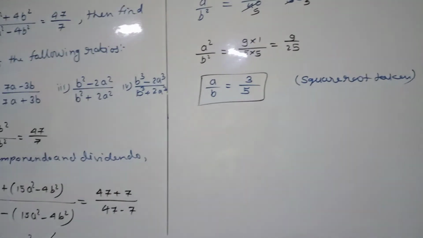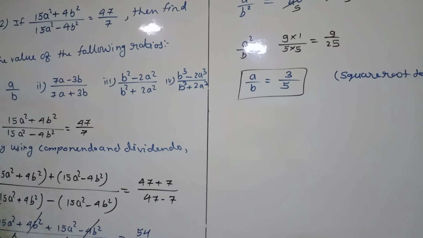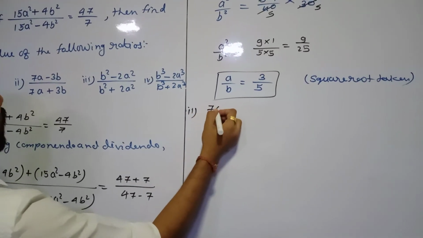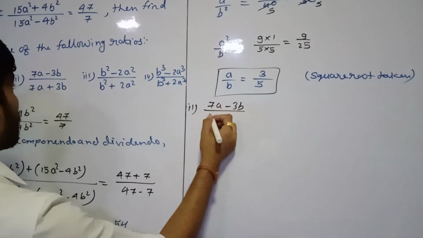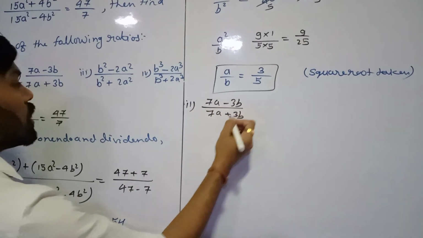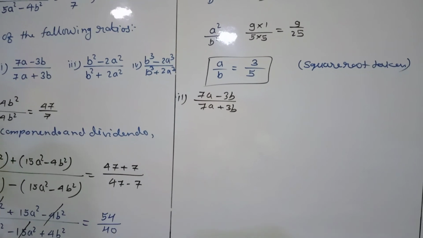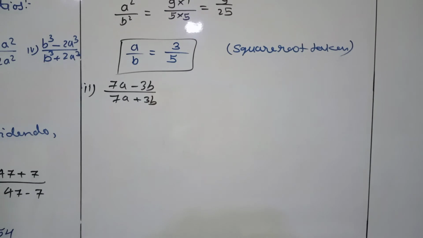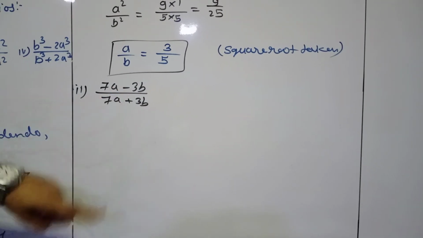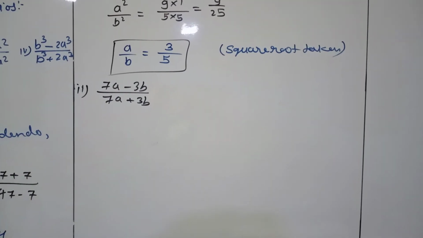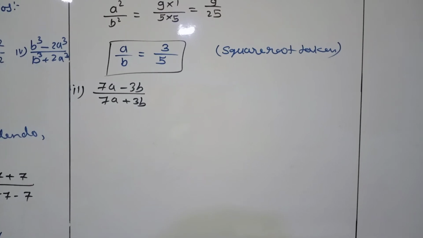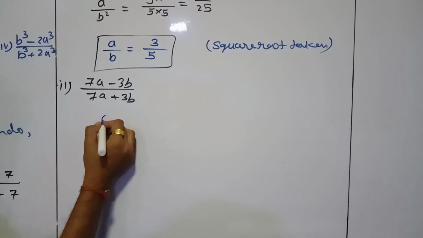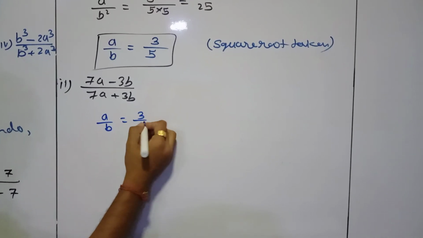Now we can easily find sum number 2. So let's see. Sum number 2 is 7a minus 3b upon 7a plus 3b. For the next all three sums we have to use this a upon b. But here we have minus in the numerator and plus in the denominator. Just forget it for now. What do we have? The ratio a upon b is equal to 3 upon 5.